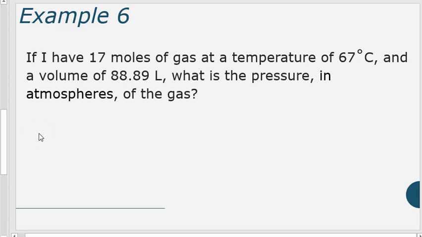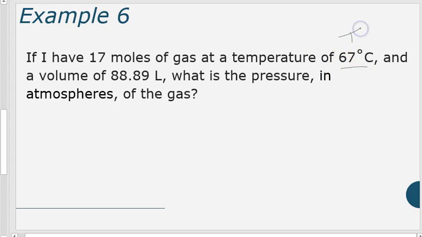Let's work number 6. If I have 17 moles of gas at a temperature of 67 degrees Celsius and a volume of 88.89 liters, what is the pressure in atmospheres of the gas? Okay, so they give us temperature.